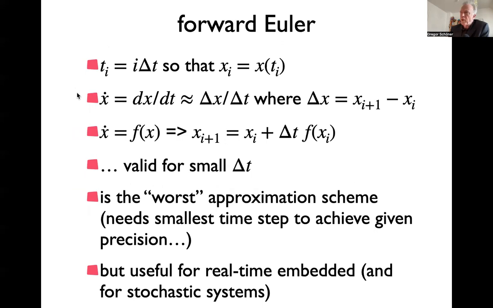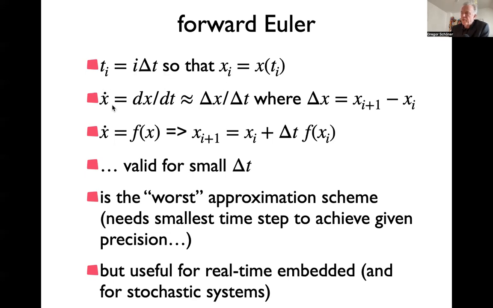So in the forward-Euler, what you do is introduce discrete time. So you introduce an index. Simplest case, you have a time step delta t, so some constant, and so the discrete time steps are 1 times delta t, 2 times delta t, 3 times delta t, and so on. And therefore, instead of a time varying function, now you have a long vector of x at the different time steps.